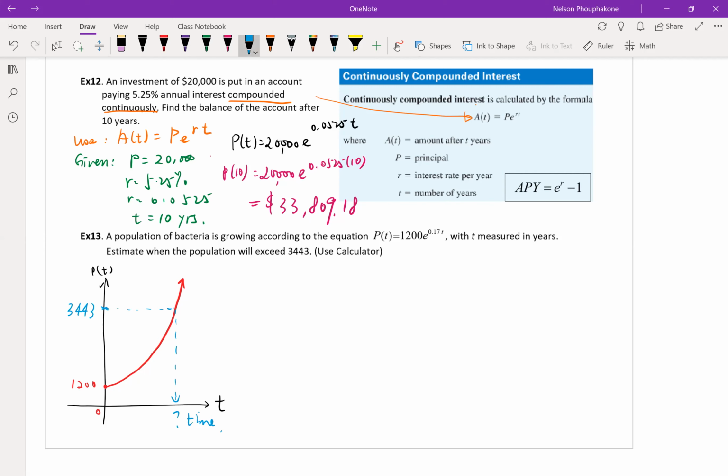So again, on the calculator, what you need to do is set y1 equal to 1200 e to the 0.17t, and then y2 is 3443, because again we would like to find the intersection point, right? Okay, so let's see how we do this.